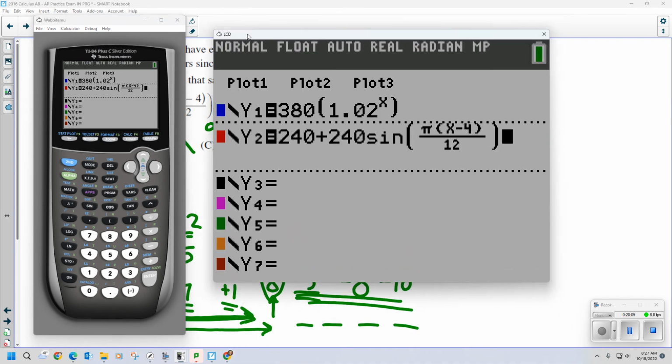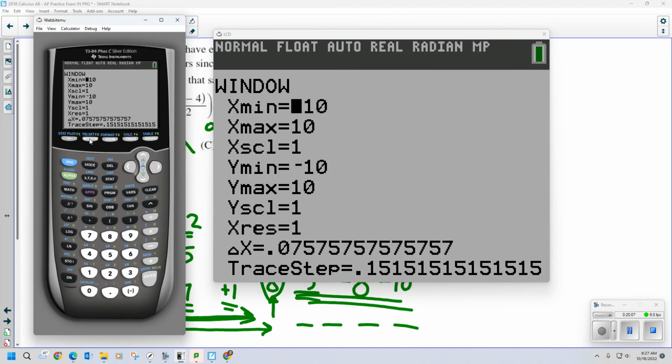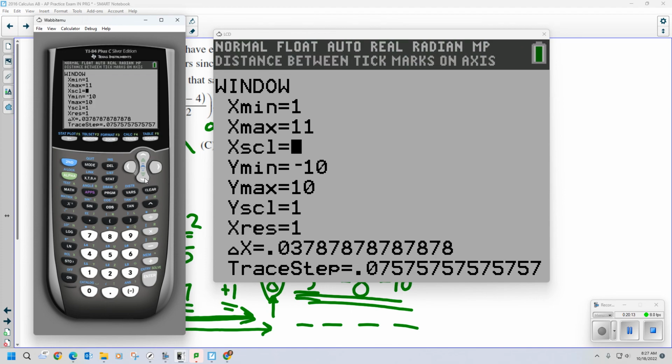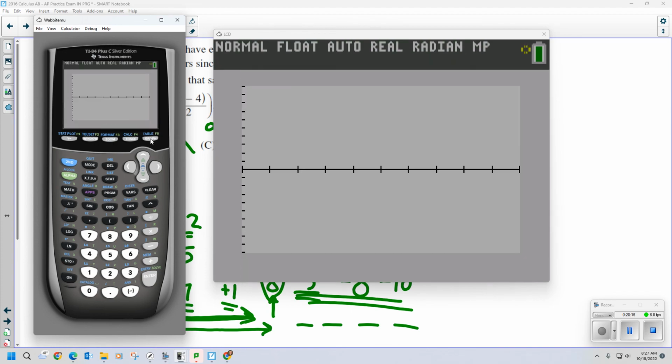So I will go to my window, and I'll start at 1 and go to 11. Now, let's graph this. We might have to change our y-axis a little bit, but let's see, because we're starting at 240. Oh, we are definitely going to have to change our window.